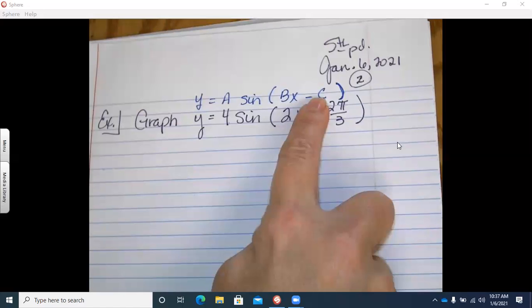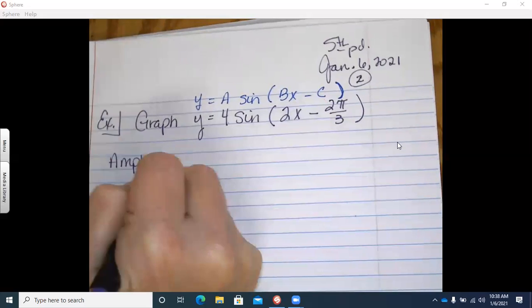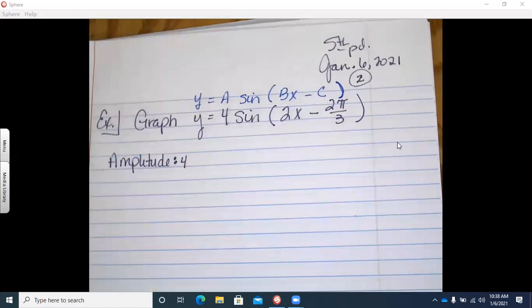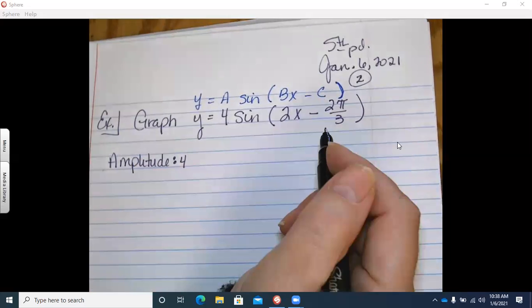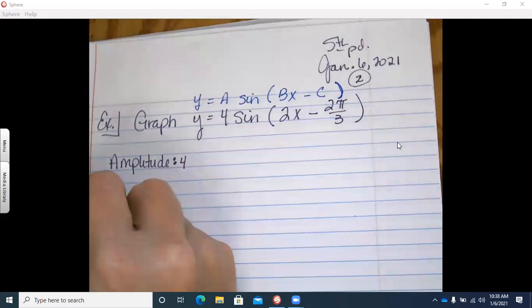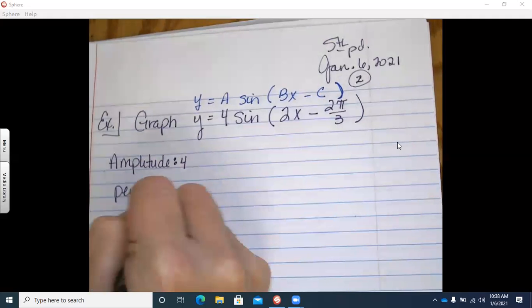All right, so what is our amplitude? 4. What if there's nothing in a spot? What's your amplitude? 1, okay? We got to figure out what the period is. So remember yesterday we learned if b is some number other than 1, your period's not going to be 2 pi.